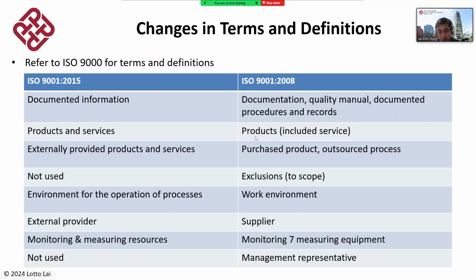Product and service: in the old version, product included service, but people thought it was not clear enough, so now they are separated into products and services. Suppliers, your purchased products, or outsourced processes are all identified as externally provided products and services. No exclusion. Working environment becomes the environment for the operation of processes. Supplier is now in terms of external provider.